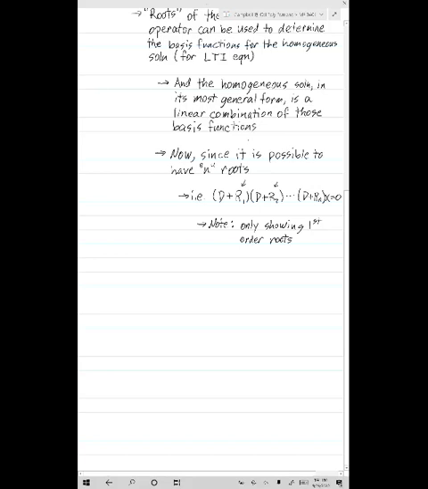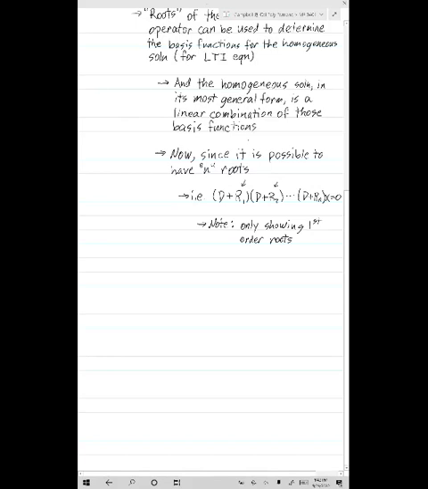Now we're just going to have more roots rather than one root or two roots, or a single second order root if it was a second order ODE that has potentially complex or purely imaginary roots.